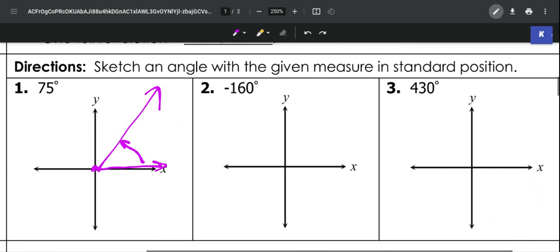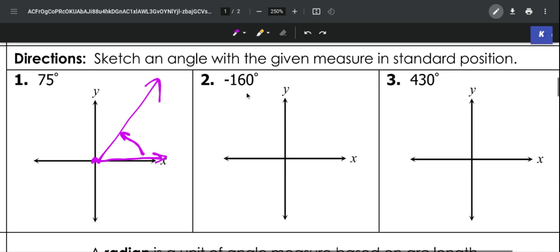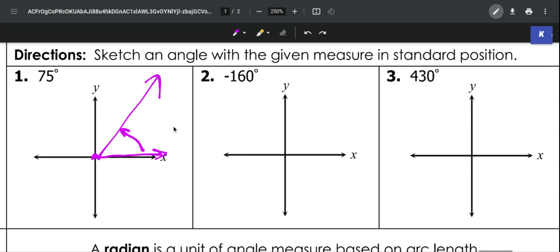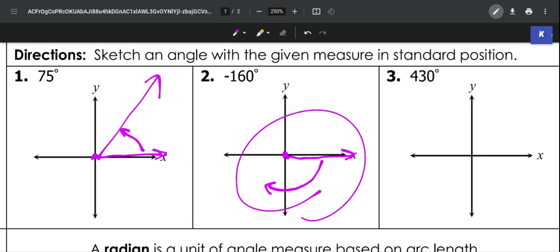Now, if we look at negative 160 degrees, instead of moving counterclockwise, we're going to be moving clockwise, because that value there is negative. So we're going to start at this initial side again, and we're going to move down and around, pretty much with the motion of a clock. We're going to be going to negative 160, which would be right about here.